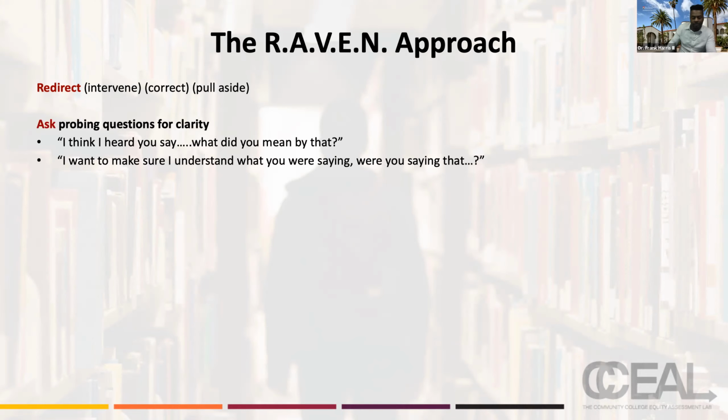Once we do that, we need to ask probing questions. So here's why this is important. We want to get the person to think, pause, and reflect, and to think critically about what they said. You may remember when we started this workshop, we have to recognize that microaggressions are rooted in our implicit bias.